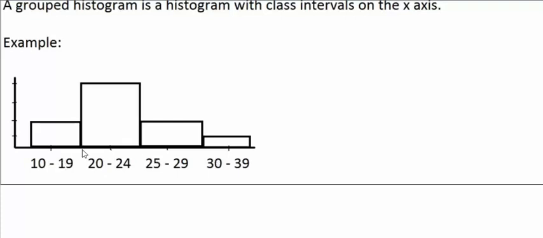So what I should have done is make this 10 to 19, 20 to 29, 30 to 39, 40 to 49. But like I said, this graph is just a picture meant to explain the definition of a grouped histogram. It doesn't correspond to any example that I have in this video. It's just an introduction to the concept.